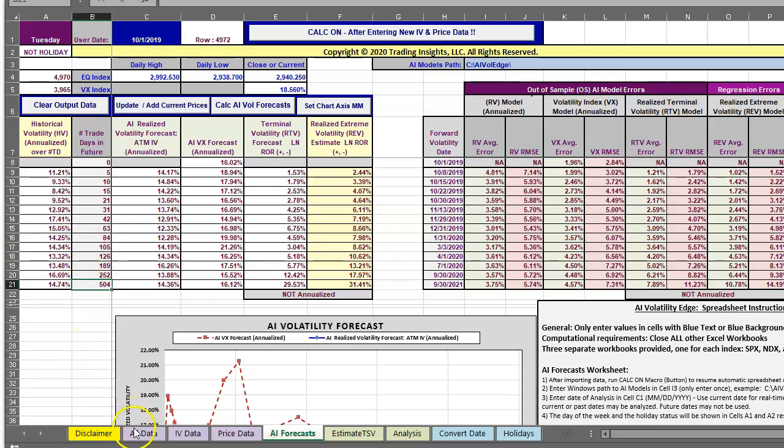So what we see here, if we highlight it, is going to be the number of trade days into the future, or potentially the past as well. So 0 days, 5 trading days, 10 trading days, and so forth.